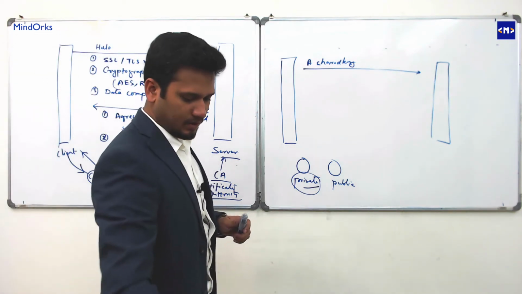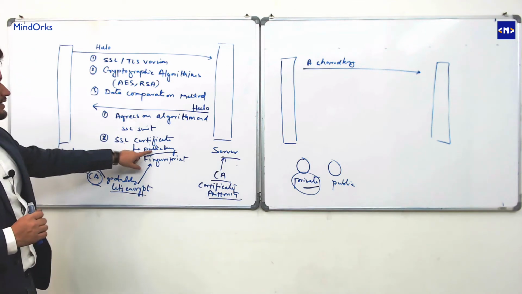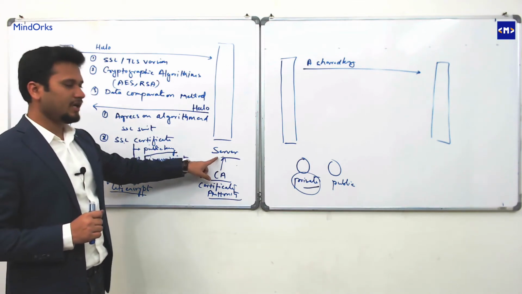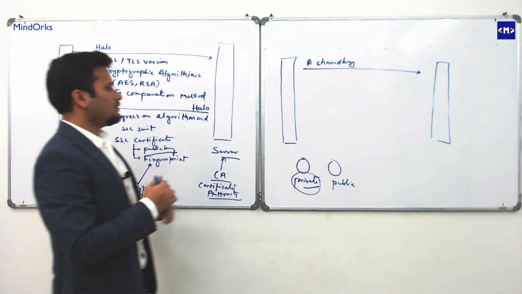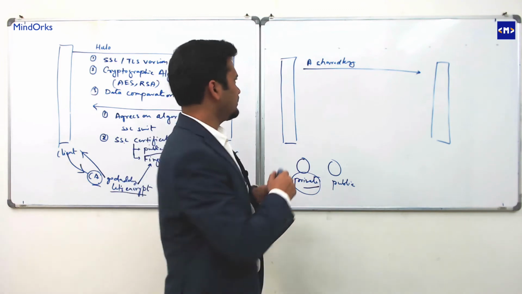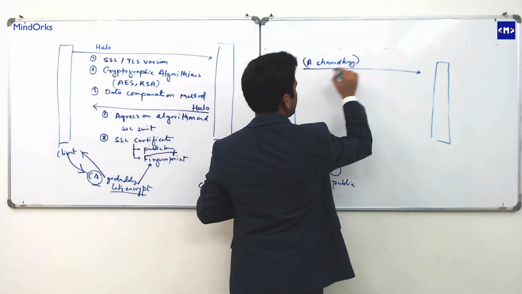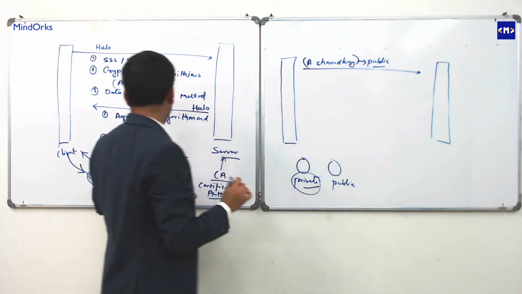Now the client receives the public key from the server. A private key is maintained at the server itself, and it is secure. Now the client generates a key. It generates a key and encrypts that key using the public key, based on the algorithm.